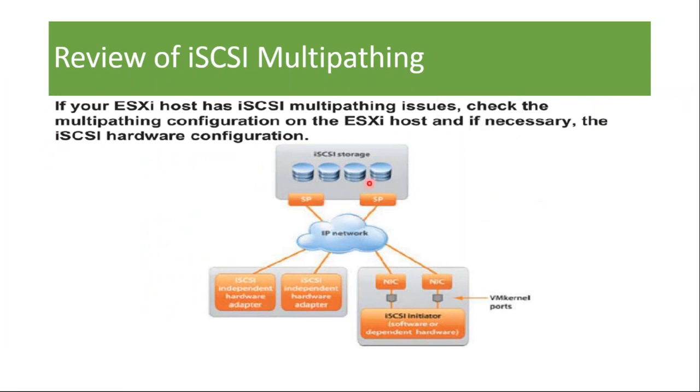So if you are using iSCSI storage and you are presenting storage using 2 different storage processors to 2 different iSCSI port groups, and from the ESXi host end, the storage is presenting only one datastore, these 2 connections are considered as multiple paths.